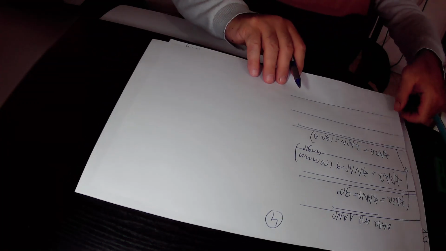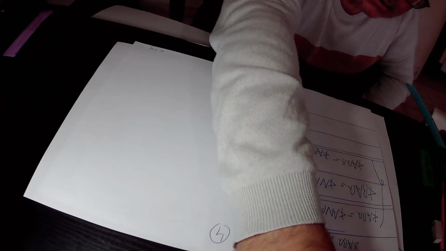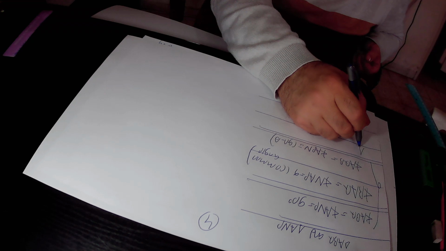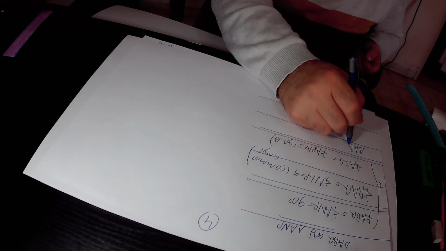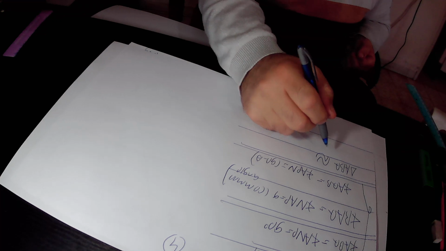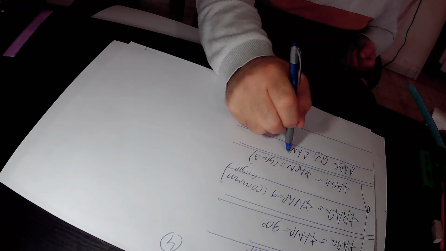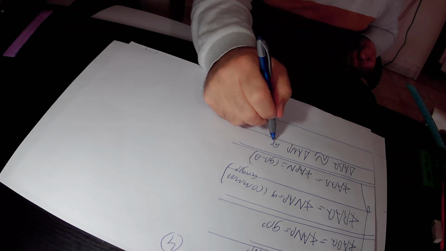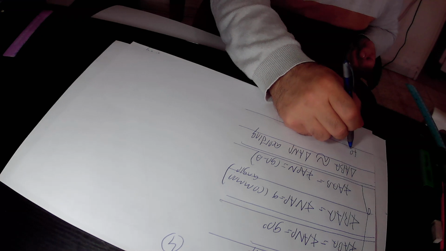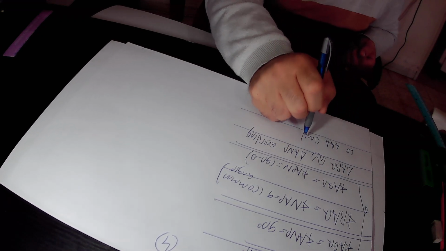We actually found out that the big right triangle, triangle ABQ, is similar to the small right triangle ANP according to the angle similarity rule.